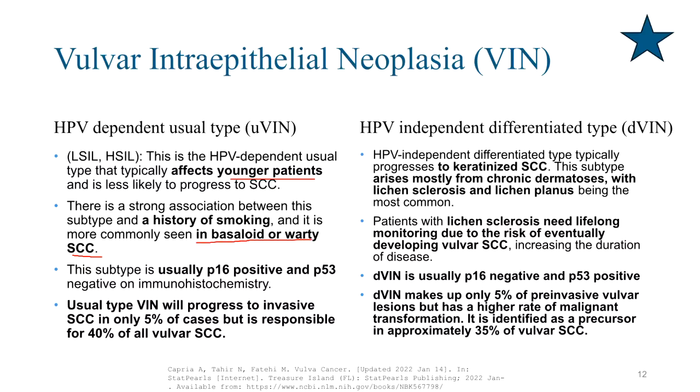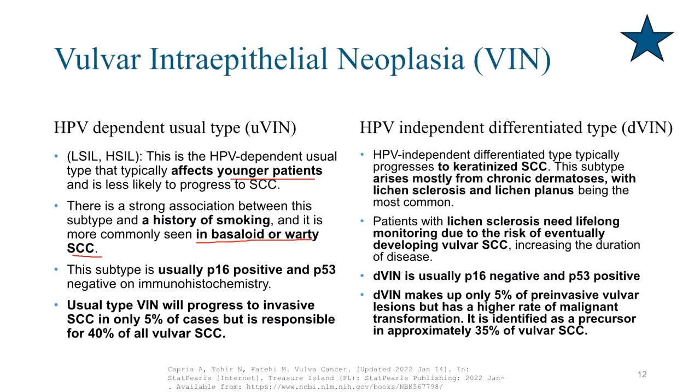So when you take the biopsy, it is tested for these two types of expression in tissue, and usually the dependent usual type is negative for p53. This usual type will progress to an invasive squamous cell carcinoma in only 5%, even though it is responsible for 40% of all vulvar squamous cell carcinoma.